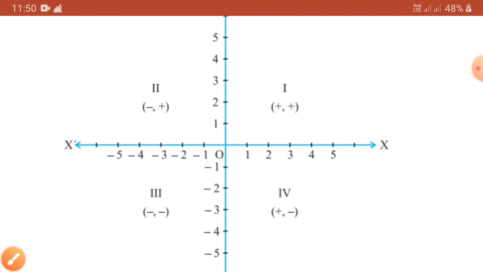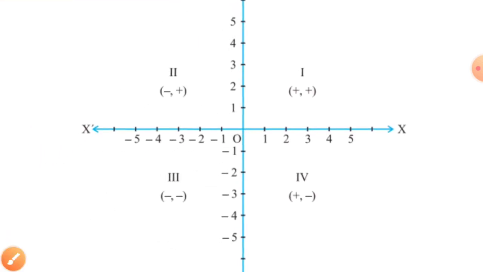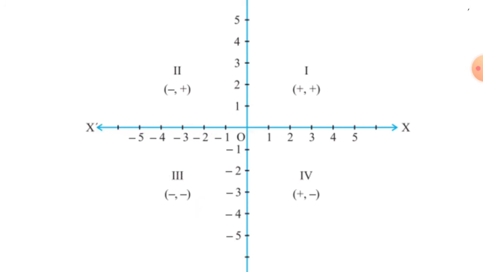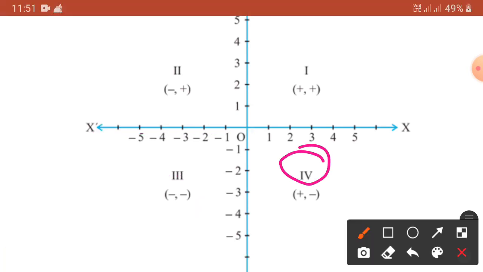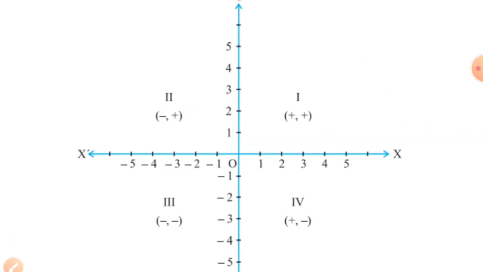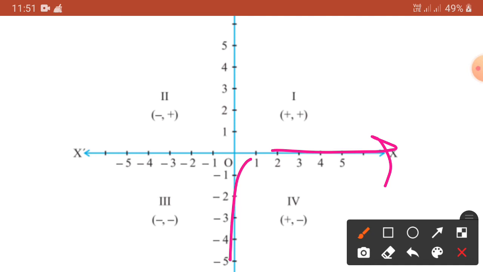In the third quadrant, the point will be in the form of minus minus, since the third quadrant is enclosed by the negative x-axis and negative y-axis. And last is the fourth quadrant. If a point is in the fourth quadrant, then the point will be in the form of plus minus, positive and negative, since the fourth quadrant is enclosed by the positive x-axis and negative y-axis.